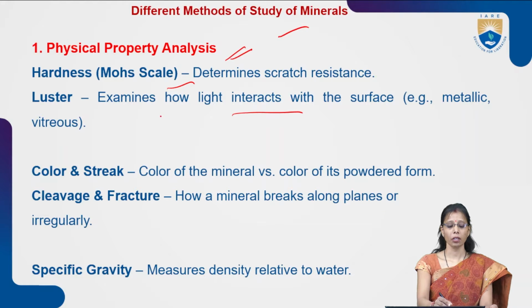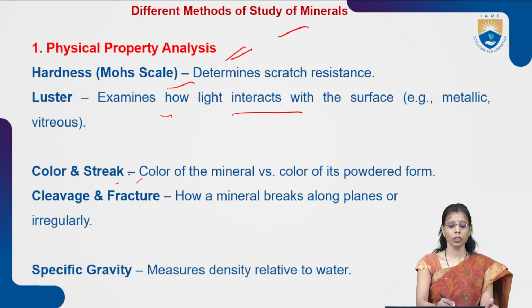Under the physical property analysis, we have different methods, such as color and streak. In the previous lectures, we learned to identify minerals with the help of their texture, color, streak, appearance and occurrence.